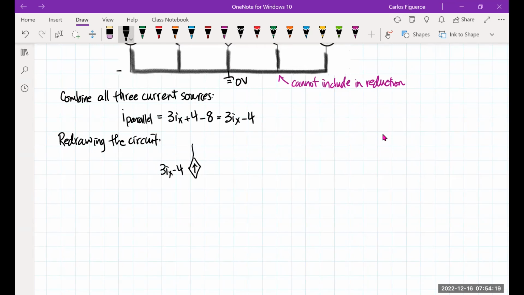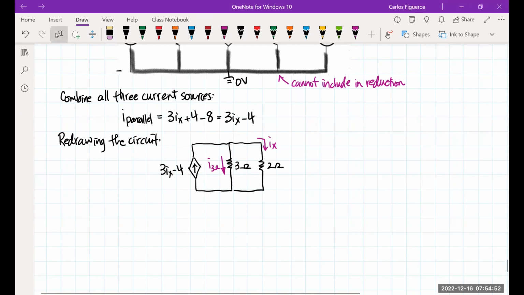Then I have 2 resistors. This is my 3 ohm, and this is the current going down, which is what we're actually trying to solve for. Then I have my controlling element, which is the 2 ohm, and this one has the current Ix right there.